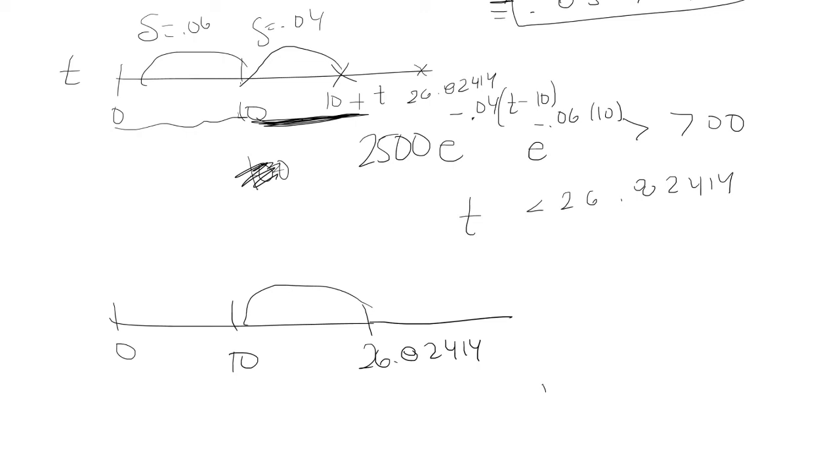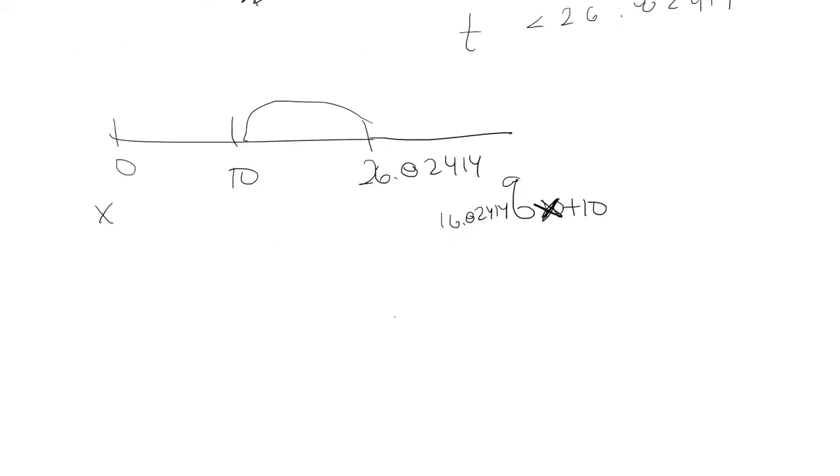You can think of it as starting at age x plus 10, because the person is age x at time 0, and you're surviving 16.82414 years, which you can also represent as surviving 10 years and then subtracting surviving 26.82414 years.